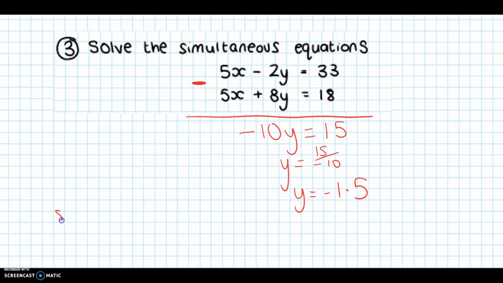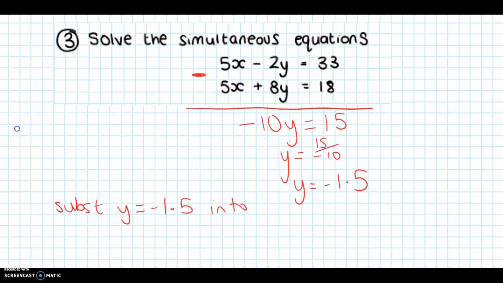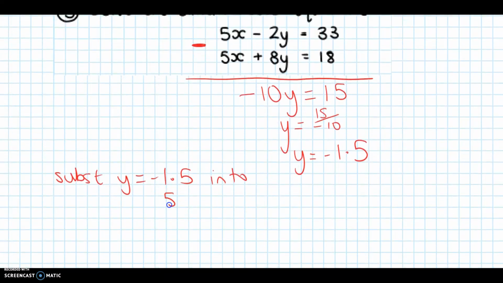And all I need to do then is put that into one of the equations. I'm going to choose the bottom equation. So I want to substitute this into 5x plus 8y equals 18. If y is minus 1.5, I'm going to do 5x plus 8 times minus 1.5 equals 18.